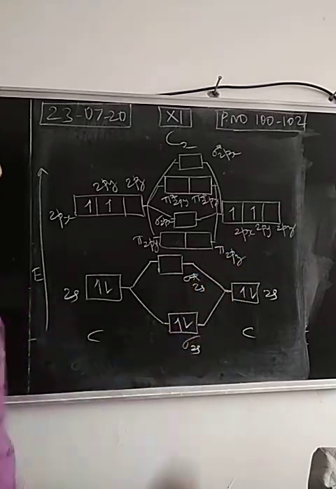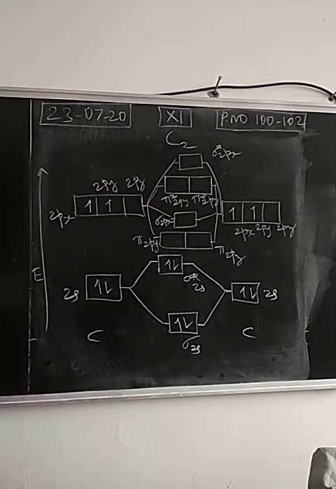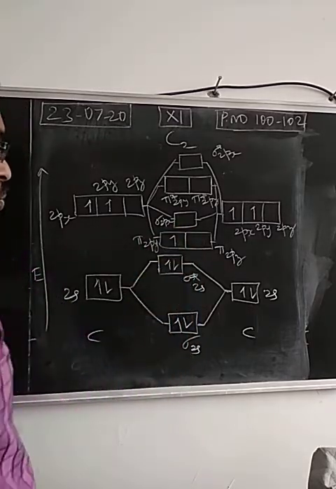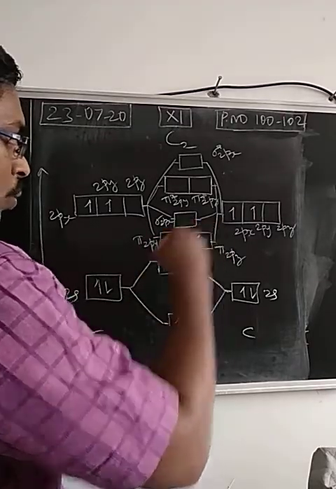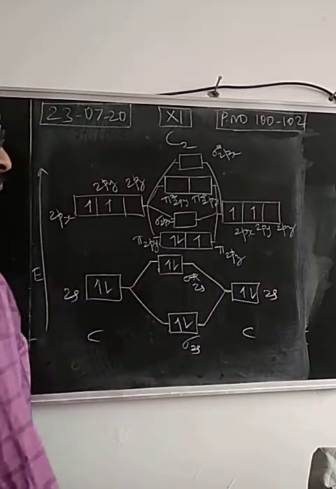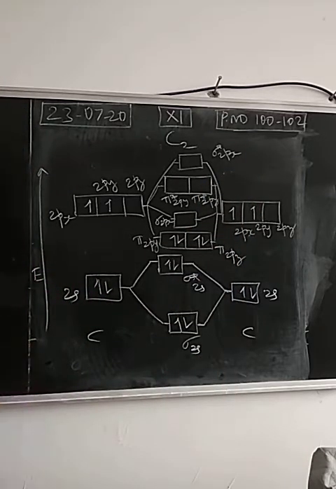First electron, second, third, fourth electron. Totally 8 electrons. First 4 electrons filled here. Next, the fifth electron will occupy pi 2py. Sixth electron will occupy pi 2pz. Seventh electron will be paired in pi 2py. Eighth electron will be paired in pi 2pz. So this is the arrangement of electrons in the molecular orbitals.